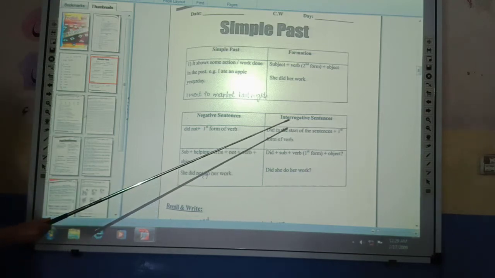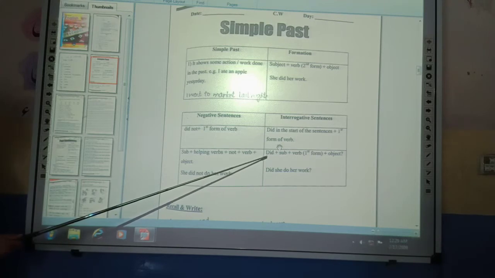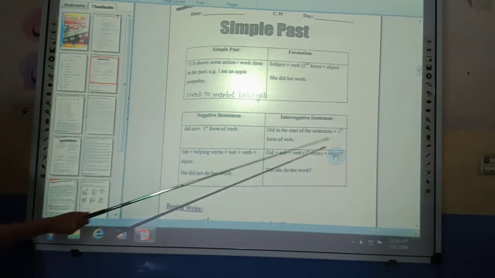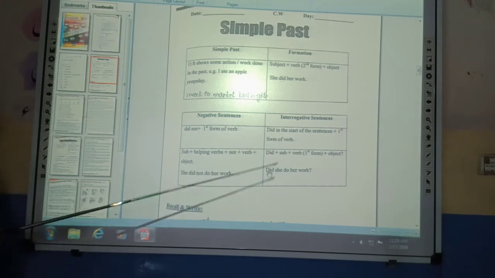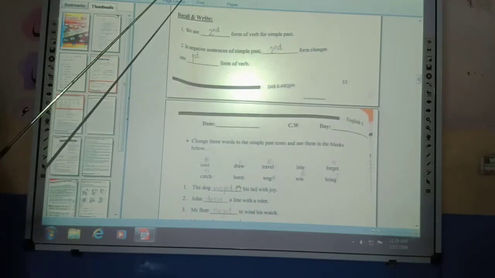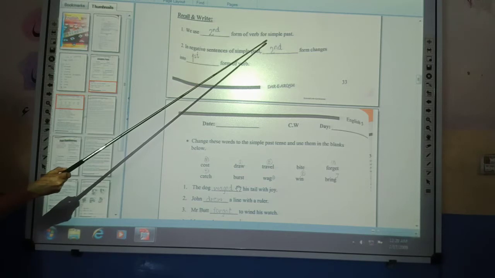Interrogative sentences. Did comes at the start of the sentence plus first form of verb. Did plus subject plus first form of verb plus object. Did she do her work? And at the end of the interrogative sentence, there comes a question mark. We use the second form of verb for simple past.